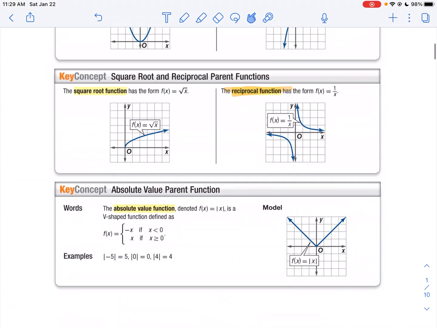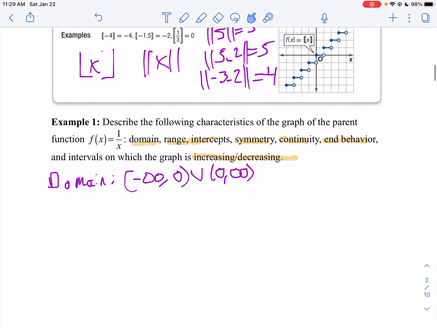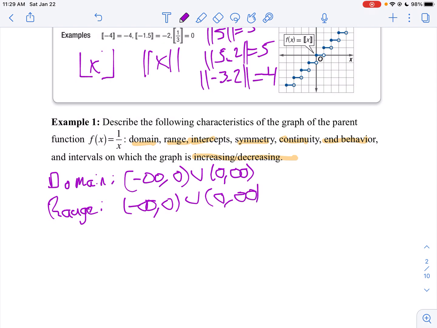Our range are our y values, remember. It's the same thing. I'm going to go from negative infinity, except it's not defined at 0. It'll never cross the x-axis. So our range is also from negative infinity to 0, and from 0 to positive infinity.